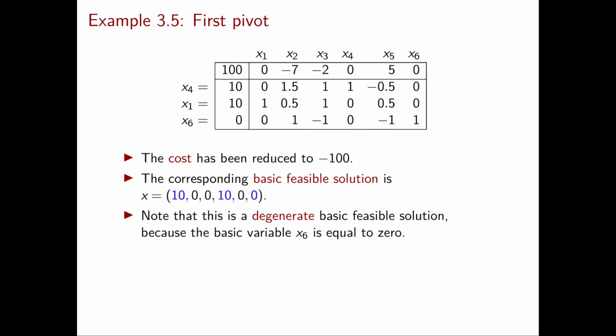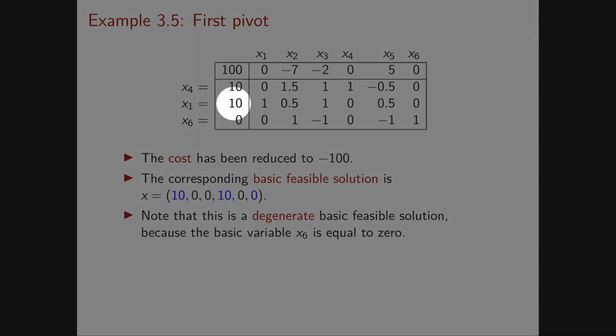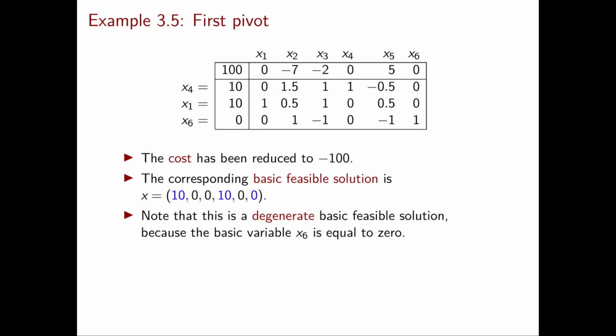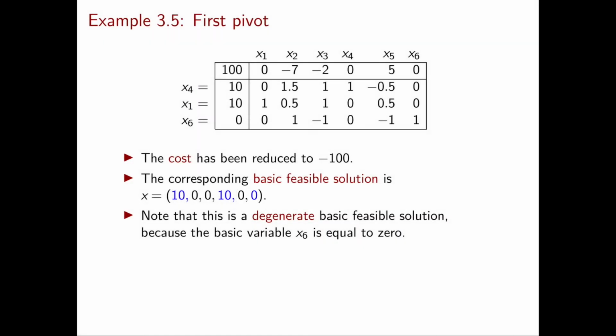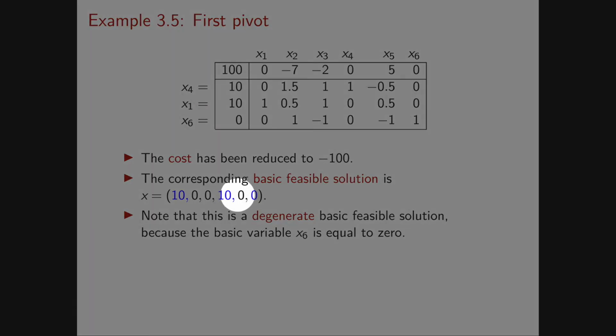In particular, you have a degenerate basic feasible solution if and only if you have a 0 here in the 0th column, except of course for the 0th row. Now we can also visualize our new basic feasible solution in the original three-dimensional problem. Everything we need to do is to throw away the slack variables, and so we're left with the vector 10, 0, 0.